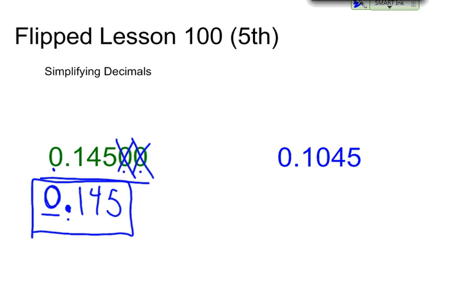Now let's take a look at the one on the right. I have a decimal point, and the 1 definitely holds value, the 4 definitely holds value, the 5 definitely holds value. We want that 0 before the decimal just to help us understand that we're dealing with a decimal number. But what about this 0 right here? Is that 0 important?